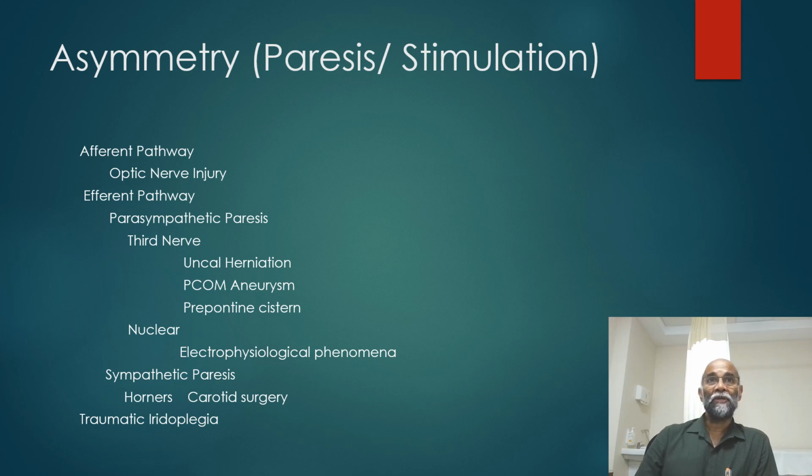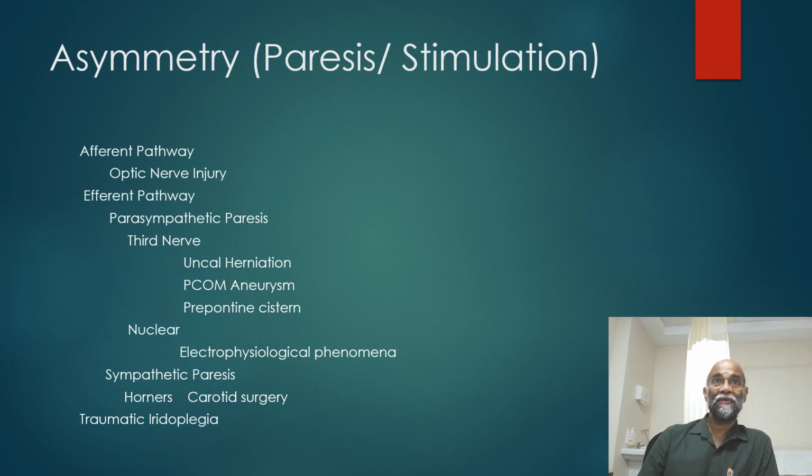The efferent pathway of the pupillary constrictor light reflex is the parasympathetic supply. Parasympathetic paralysis can occur for various reasons. The third nerve carries the parasympathetic fibers from the Edinger-Westphal nucleus on its dorsolateral surface.